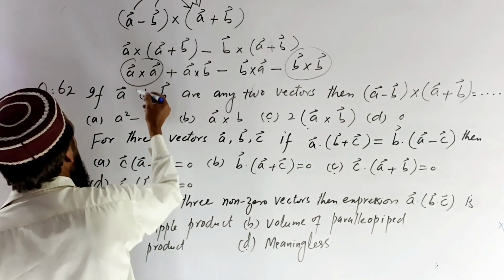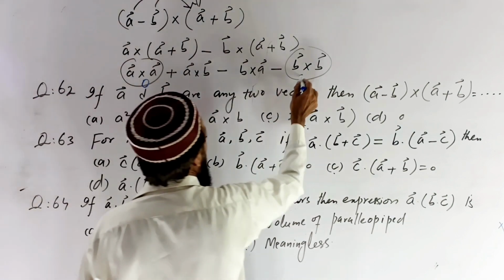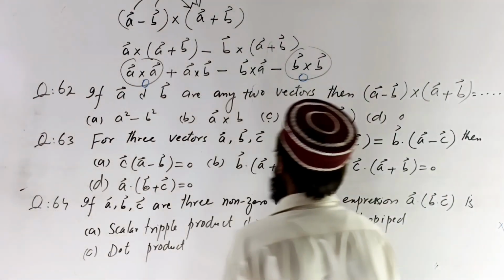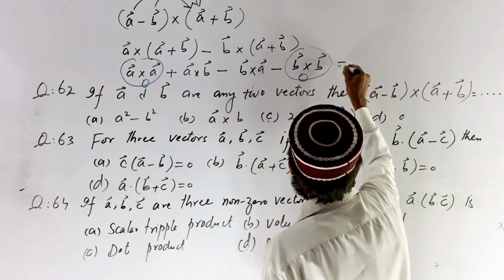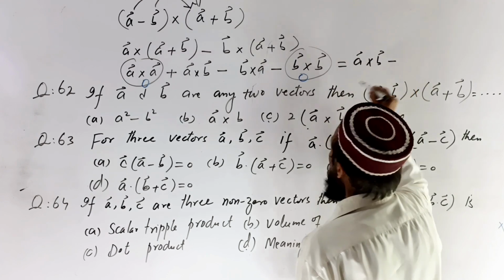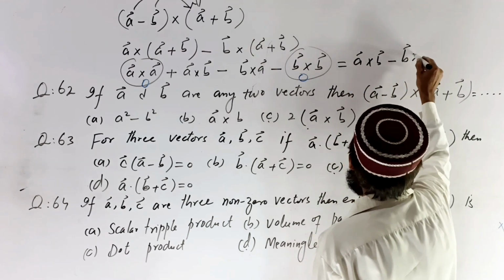So this result is 0 and this result is 0. The remaining part is A cross B minus B cross A.